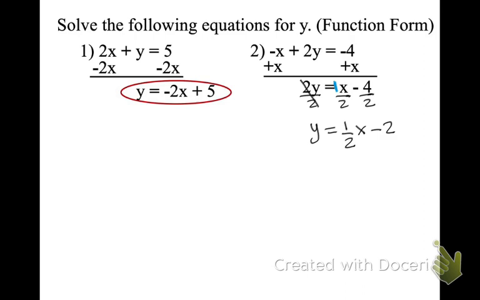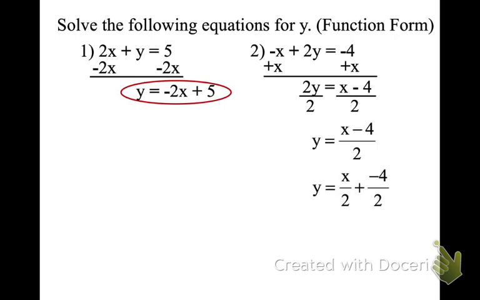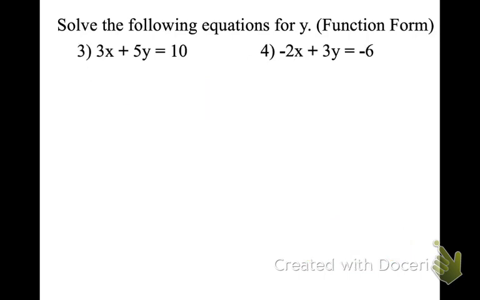Okay, so getting x alone. But remember, when you're over 2, x is over 2 and 4 is over 2, so I separate it. Okay. All right, pause the recording and try the next 2 on your own.